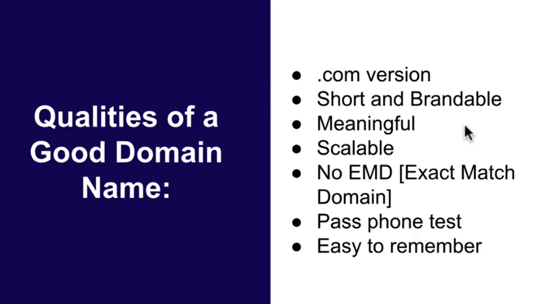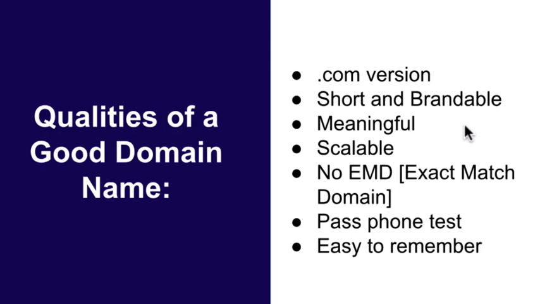Okay. The next thing is, don't register an EMD domain name, which is an exact match domain name. Now, what is EMD? If you are creating, say, a photography blog, and you are talking about cameras, don't register a domain name something like bestphotographycamera.com.